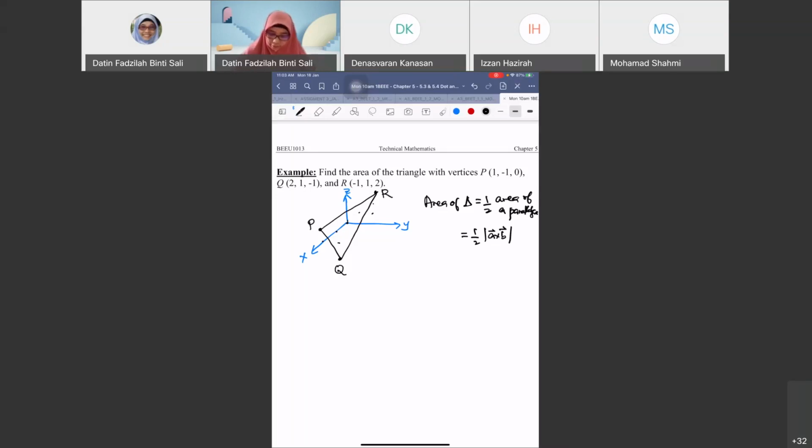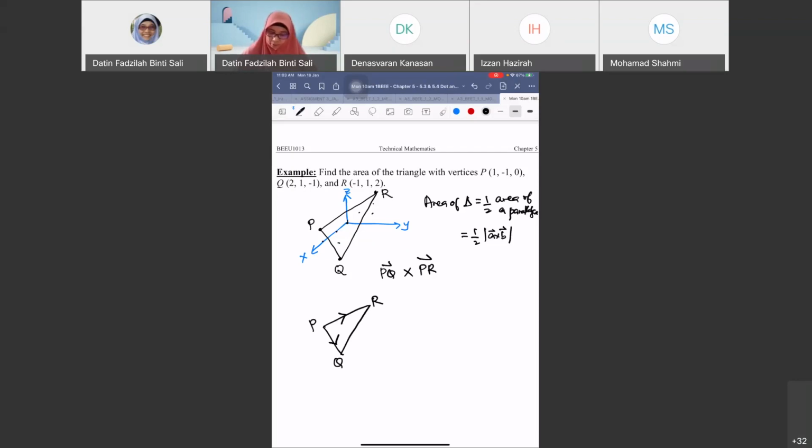You can say PQ cross PR. If I draw another triangle here with Q, P, and R, PQ cross PR is like this.